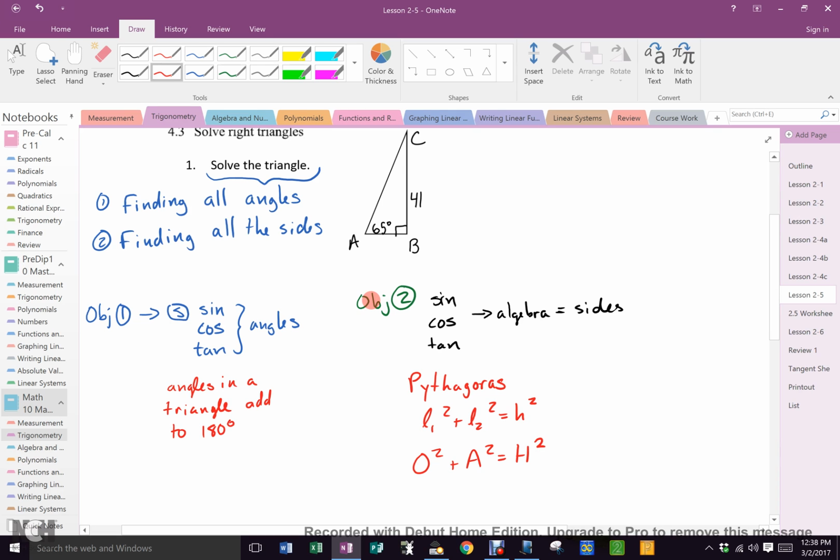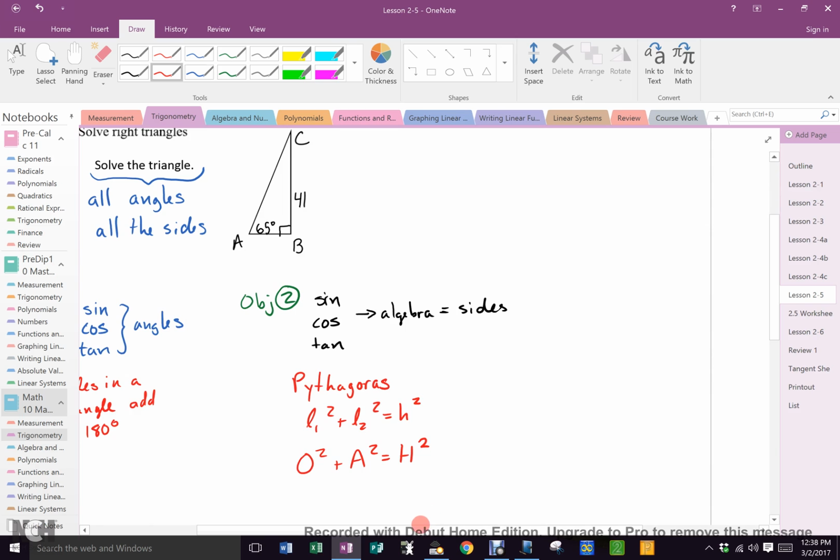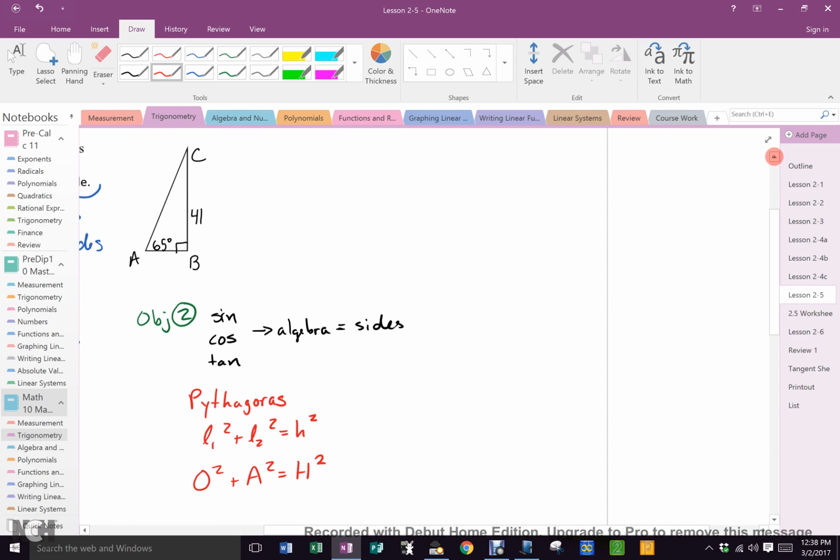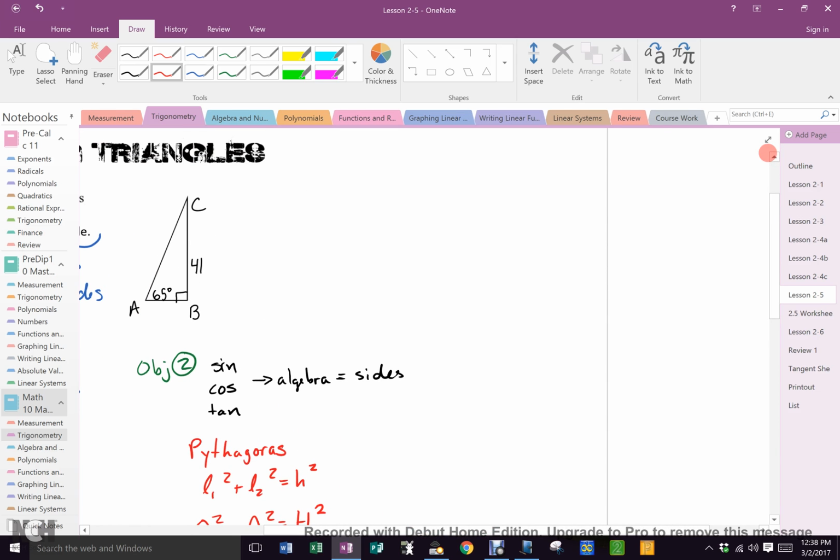Now, if you are asked to solve a triangle, you must do these 4 things in any order. There is no right way. There is no wrong way. And the reason I say this is because if you just write out what you know, you cannot do it wrong. In this triangle, what do I know?